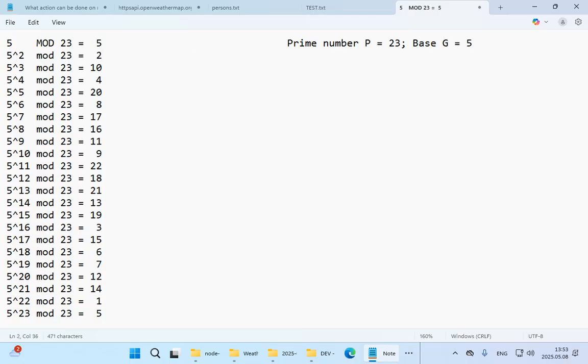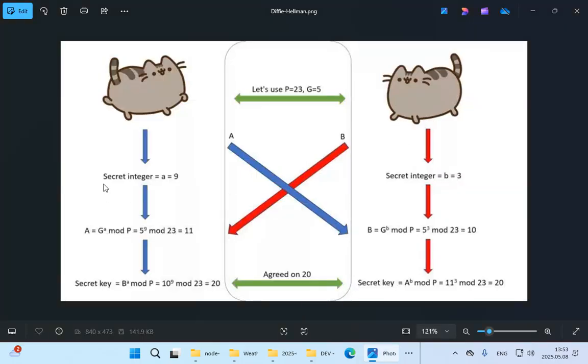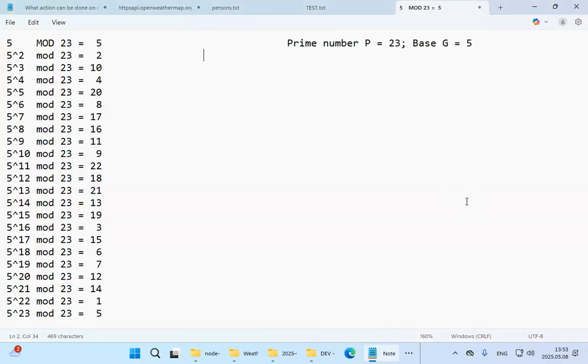So what we can do, you see what we can receive? We have to select a secret integer, each of us. I have selected one secret integer which is equal to 7. But another person can select a secret integer which is equal, for example, to 3. Okay?